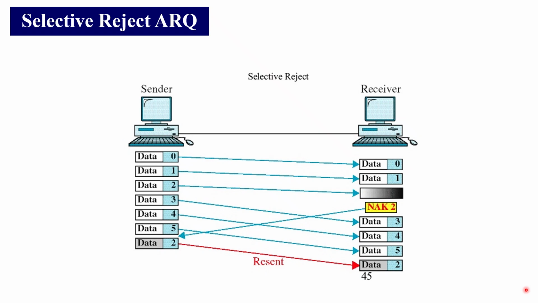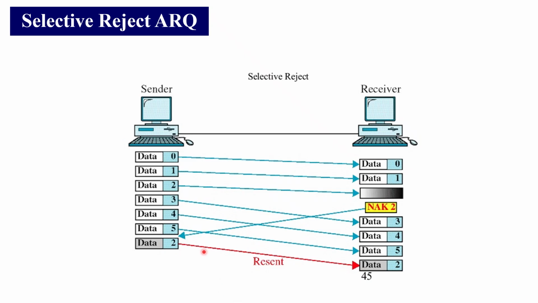Unlike go back N ARQ, the receiver doesn't ask the sender to resend all the following frames. Instead, it simply records only the damaged frame.